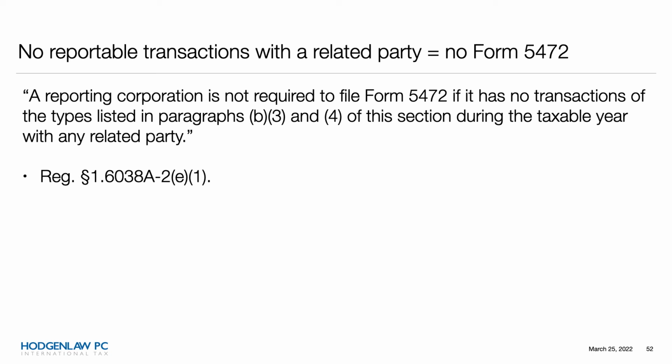And then that money is spent on whatever, third-party vendors. Do we have a Form 5472 filing requirement because of that transaction? Answer is yes, because remember, for Part 5, capital contributions are reportable transactions, and so it'll have to be reported in Part 5, and therefore there's going to be a Form 5472 filing requirement.